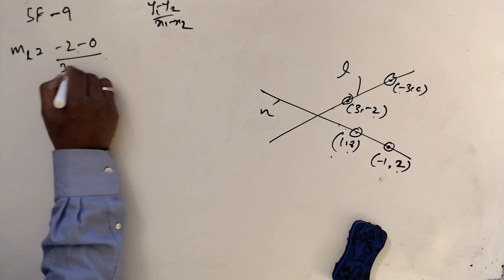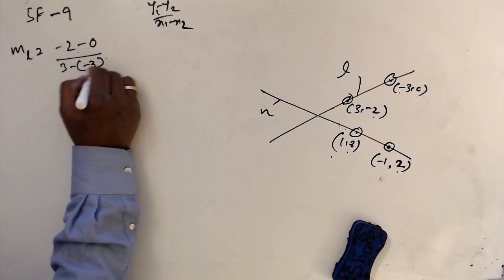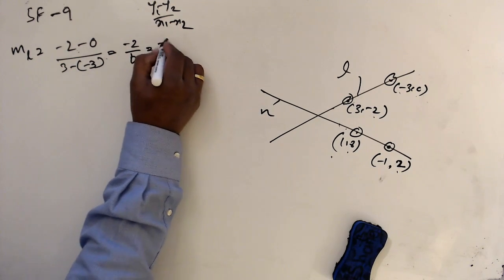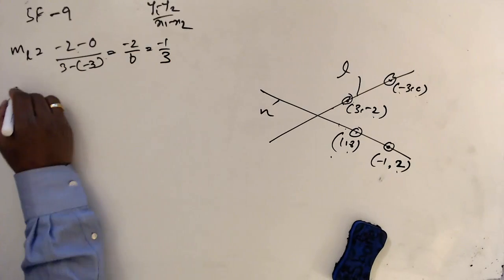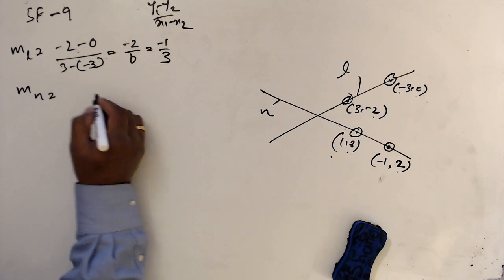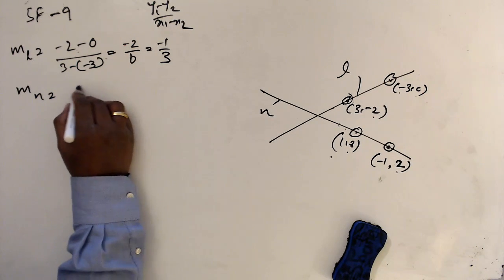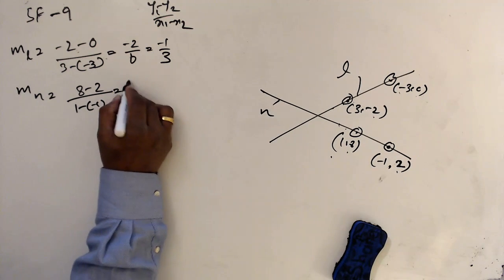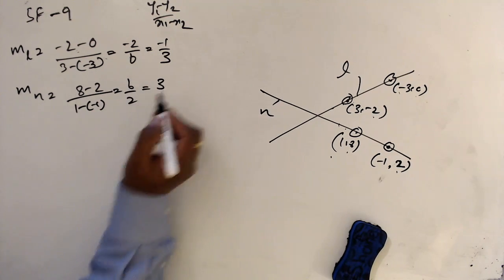Gradient of L is minus 2 over 6, which is minus 1 over 3. Mn is 8 minus 2 over 1 minus minus 1, which is 6 over 2, which is 3.